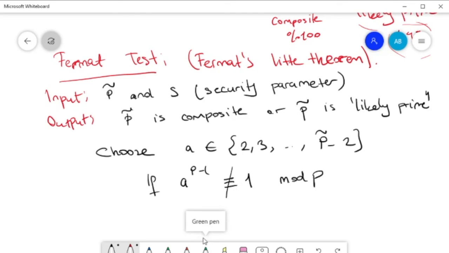If it is not 1, we say that it is not a prime because it works for every prime. For every prime number, a to the p minus 1 is equal to 1, right?